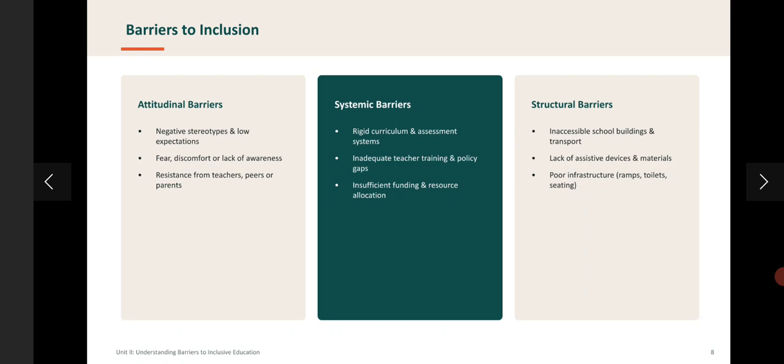Now let's come to attitudinal barriers. What are attitudinal barriers? Attitudinal barriers are the behaviors, perceptions and assumptions that discriminate against persons with disabilities. This often emerges from a lack of understanding. Of course, they do not understand what it is, which can lead people to ignore or judge, with misconceptions.